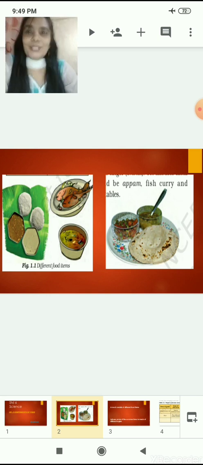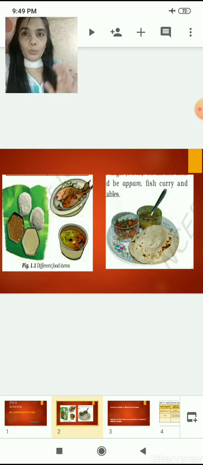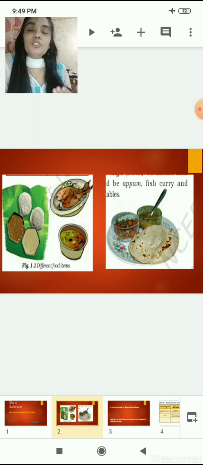Yes. So, children, in the last chapter, chapter 1, Food: Where Does It Come From? We learned a list of some food items, and we also identified some food items eaten in different parts of India, and we also learned about a meal.